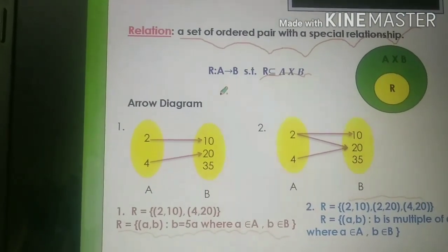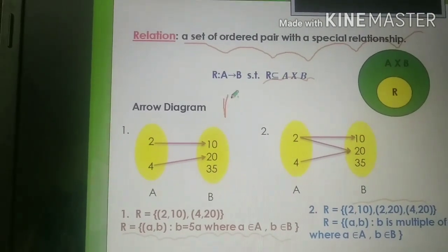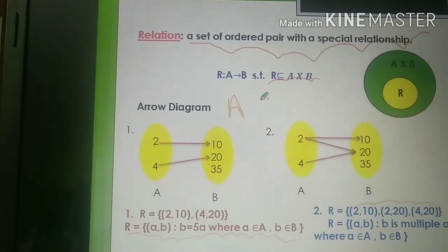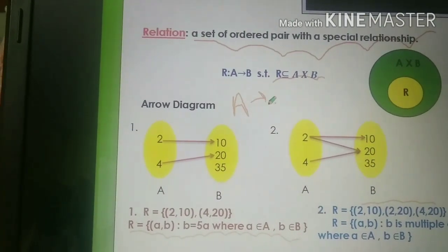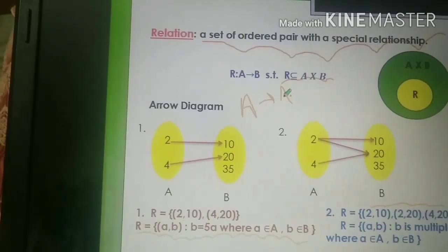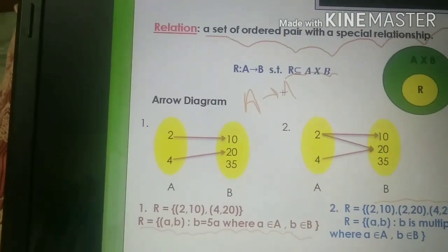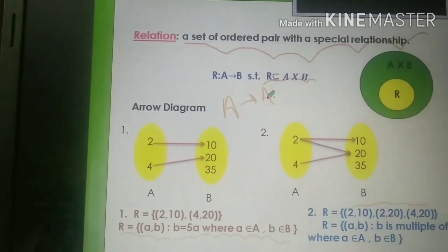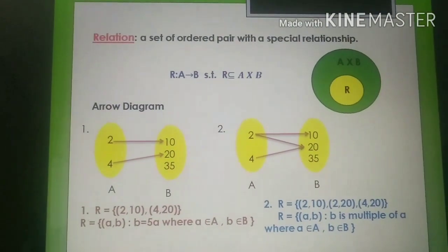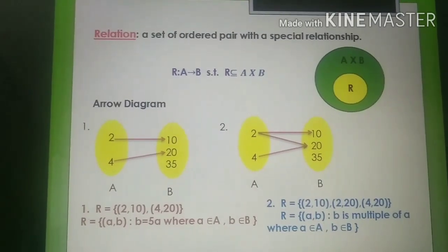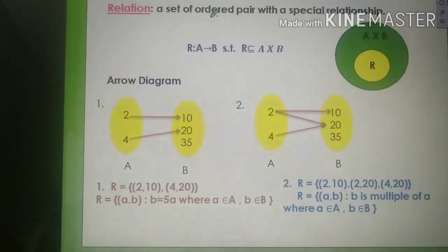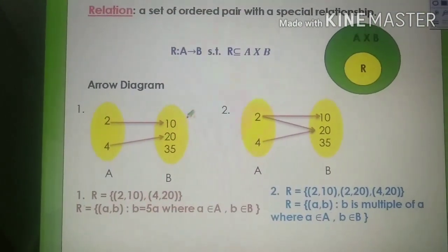It can also be defined like this: R is a relation from A to A. So we have two forms of writing a relationship. One is set builder, another is roster form.